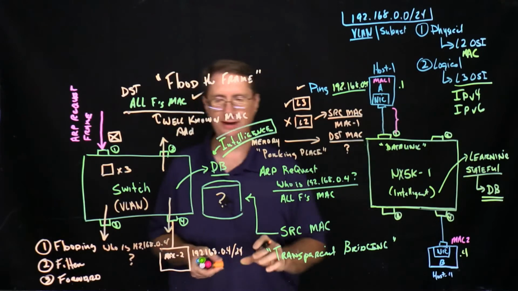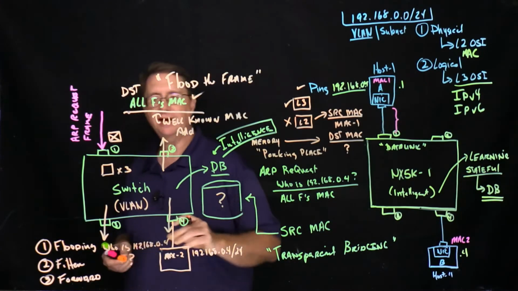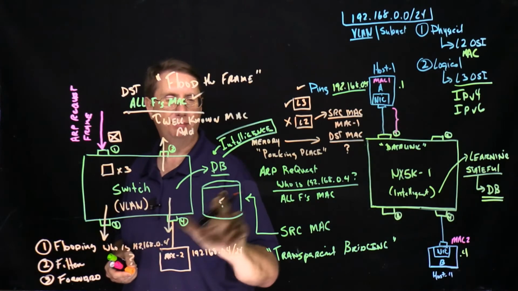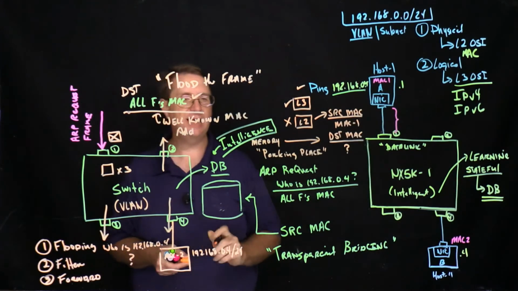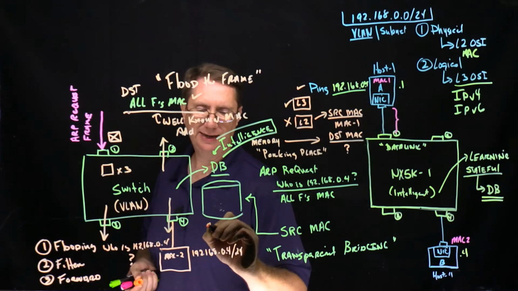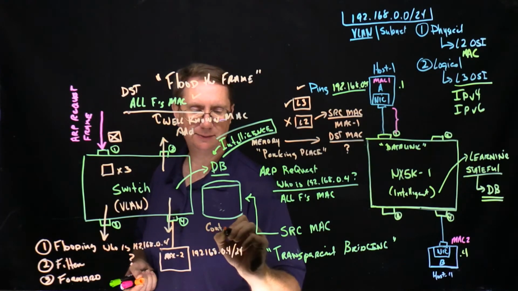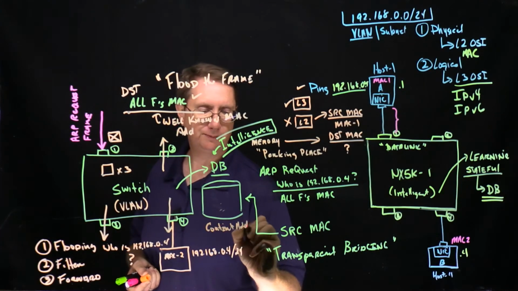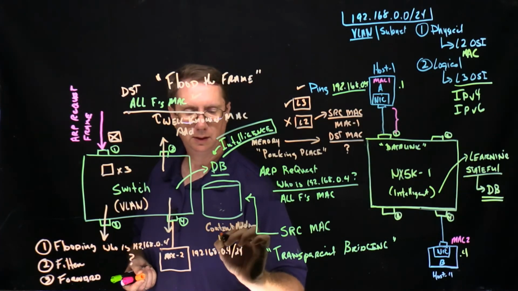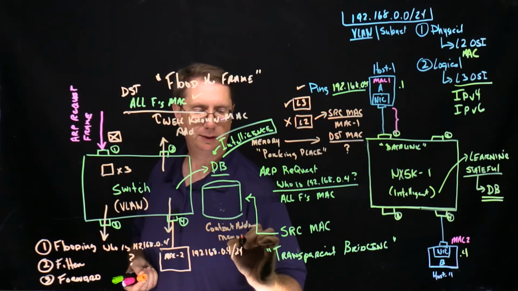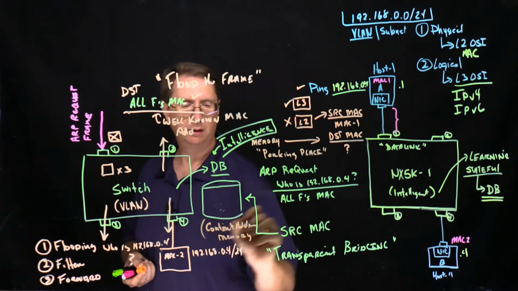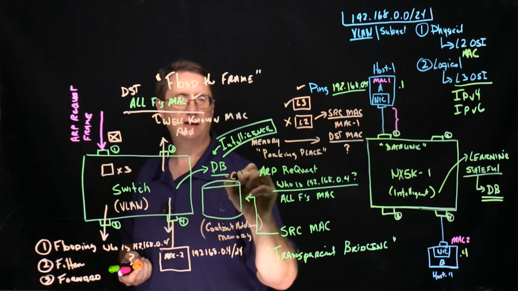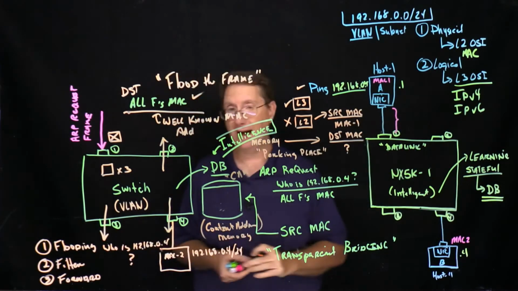Now what's going to happen here is, when we take a look at this, the MAC address of the sender is actually going to be placed inside of this database. And I'll just go ahead and say it now. We call this the content addressable memory table. We call it the CAM for short. You'll also see it in a lot of old school books called the MAC address table.